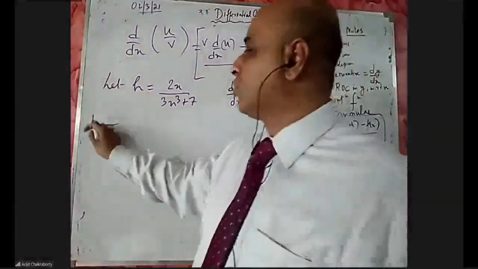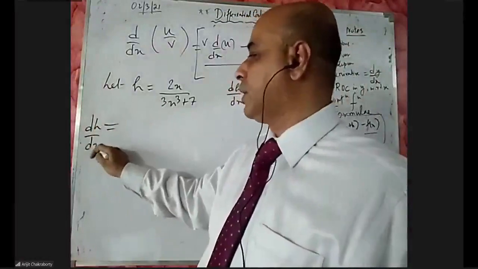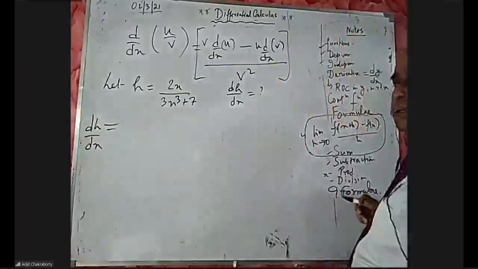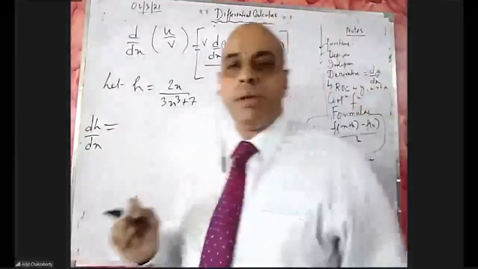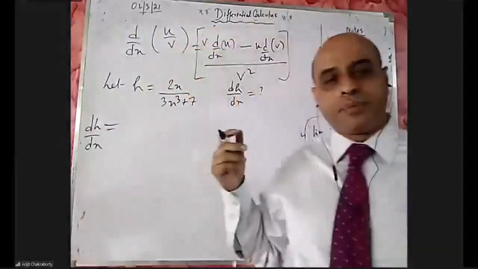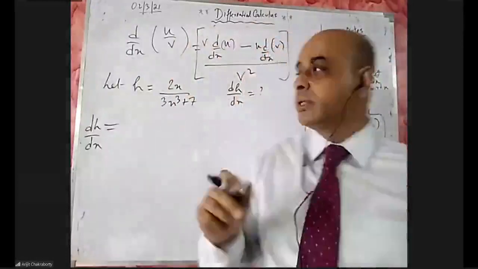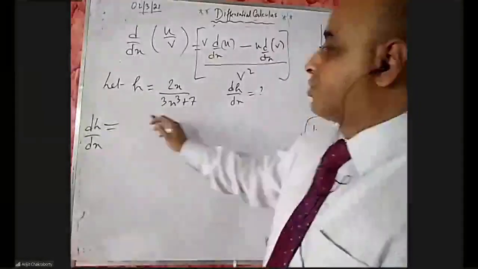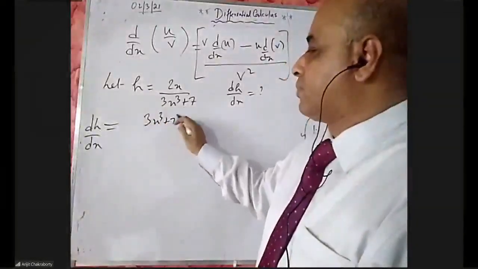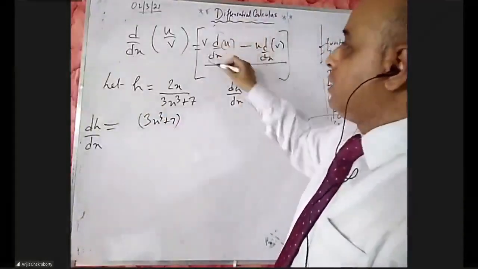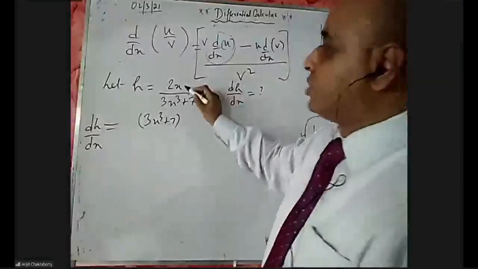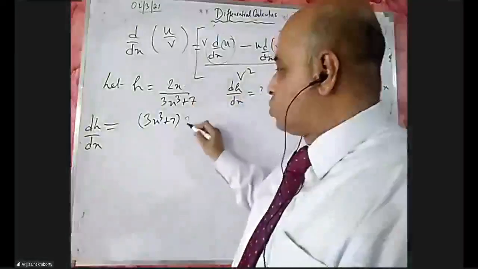So the differential coefficient dh by dx will be equal to, first, in the case of multiplication, we used to keep u outside. Here we will keep v outside. So 3x cube plus 7 is kept outside. du by dx: d/dx of 2x is 2.